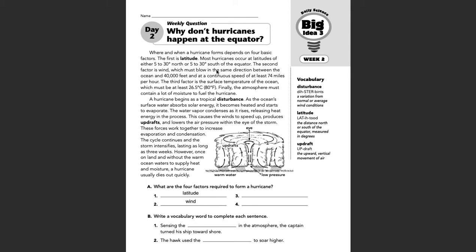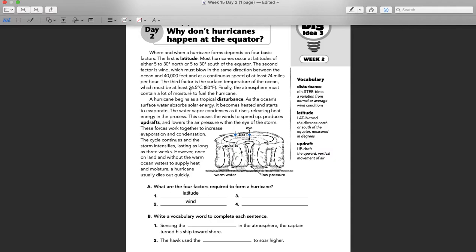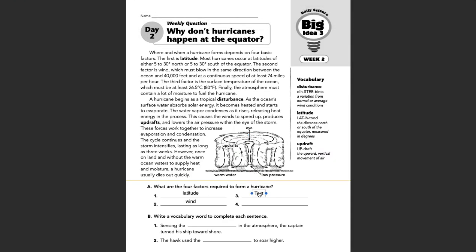Continue to read through. Third factor, surface temperature. And then lastly would be the atmosphere must have a lot of moisture. So moisture in the atmosphere.